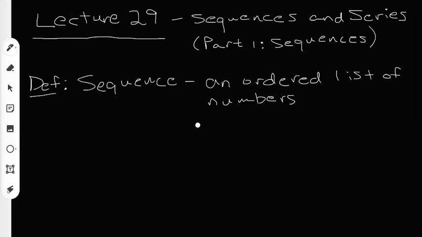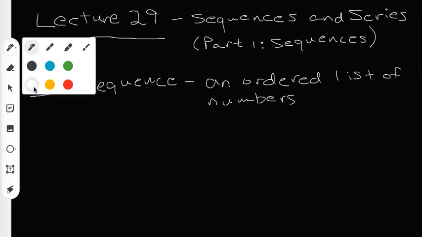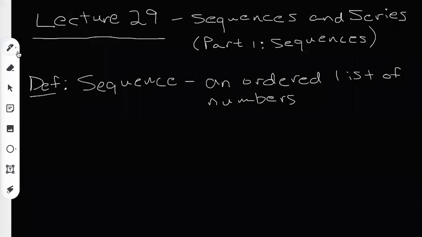So one of the sequences we can have, let's say we go all the way back to the beginning, is the natural numbers. Let's look at those. The natural numbers are the positive whole numbers: 1, 2, 3, 4, and so on.